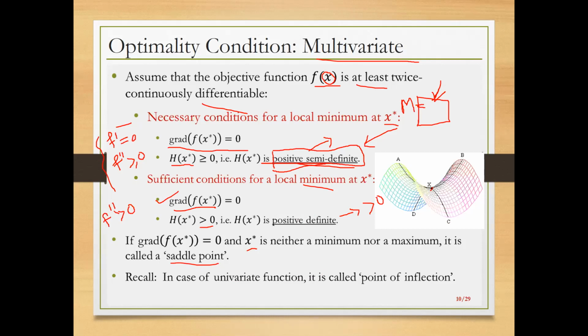The gradient over here is 0, okay? So we have to find the Hessian in order to determine whether the Hessian is positive semi-definite or positive definite, okay? Remember, in the univariate case, this point was called the point of inflection or stationary point. Clear? Yes. Good.